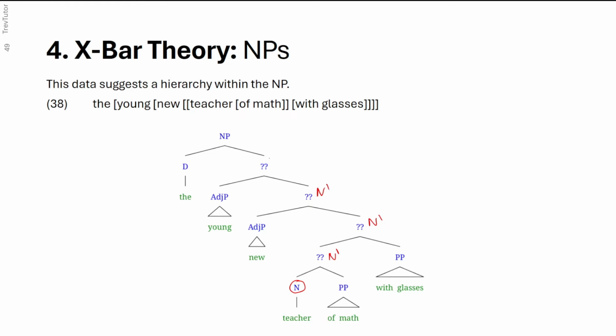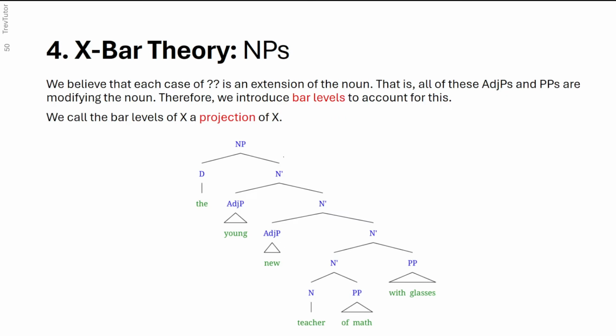So as we go up, these are all going to be projections of N. We're still dealing with an N. We haven't formed the complete noun phrase yet. So when our final structure is complete, we have something that looks like this. Now, we're not necessarily accounting for specifiers, adjuncts, and complements properly yet. Coincidentally, this tree happens to work with it, but we will just learn about the projections first and then fix their locations later according to what their functions are in a sentence after that.